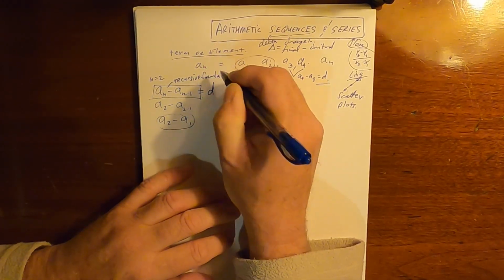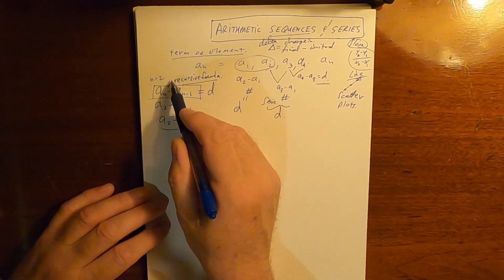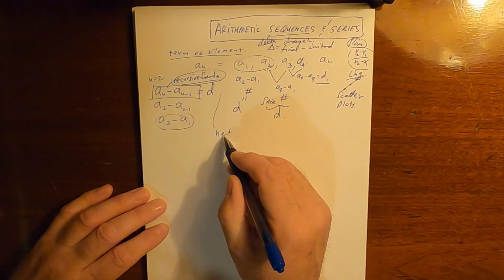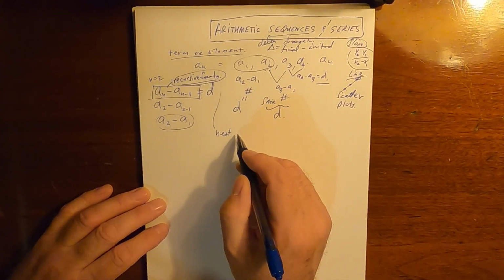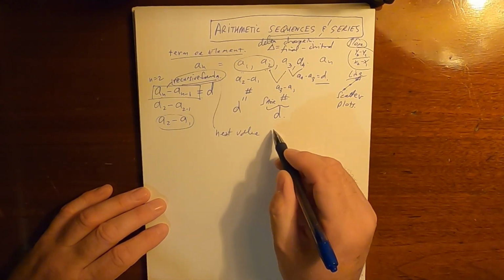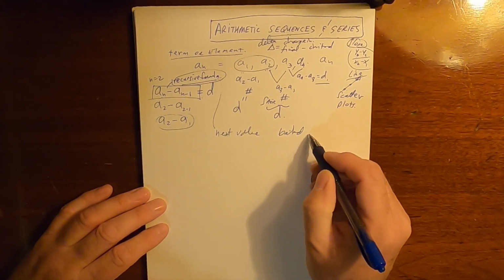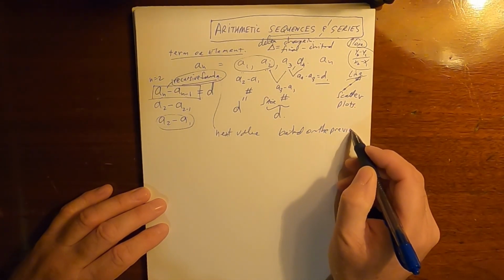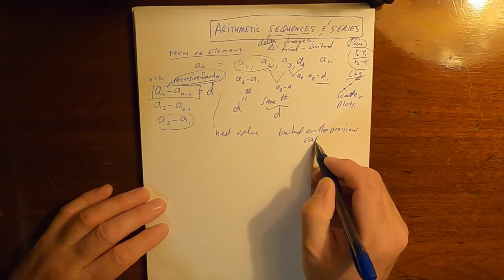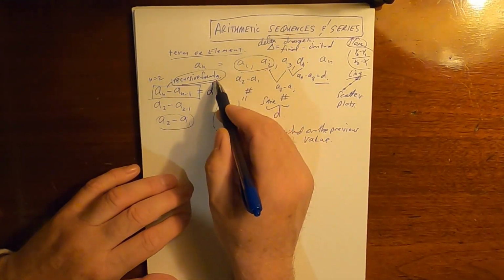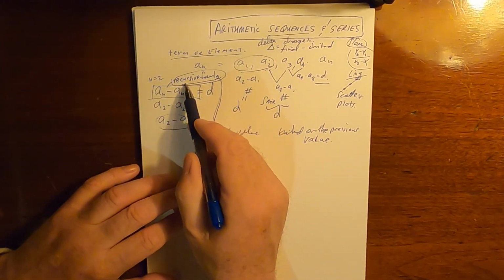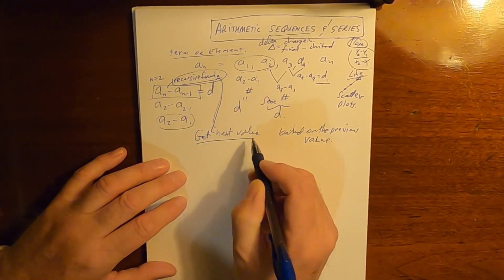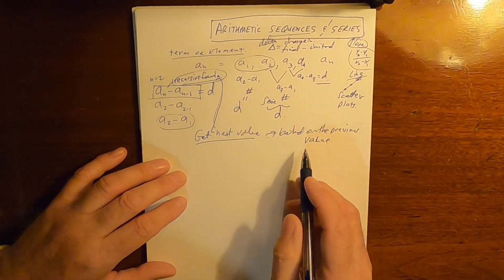Recursive is just a fancy way of saying we're determining the next value, but it's based on the previous value. That's the wording they use in these books. Recursive formulas always mean I get the next value, but it's based on the previous value.